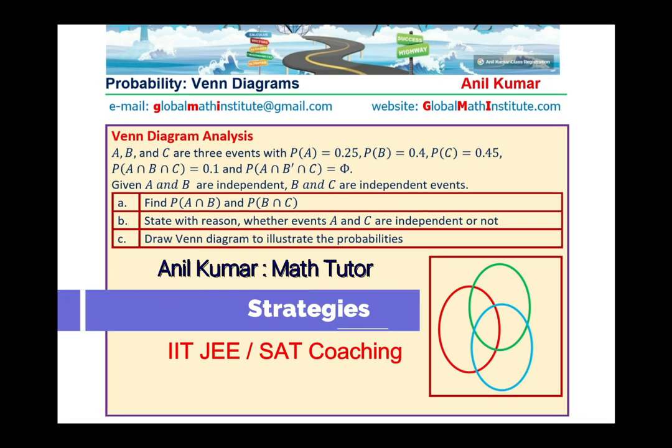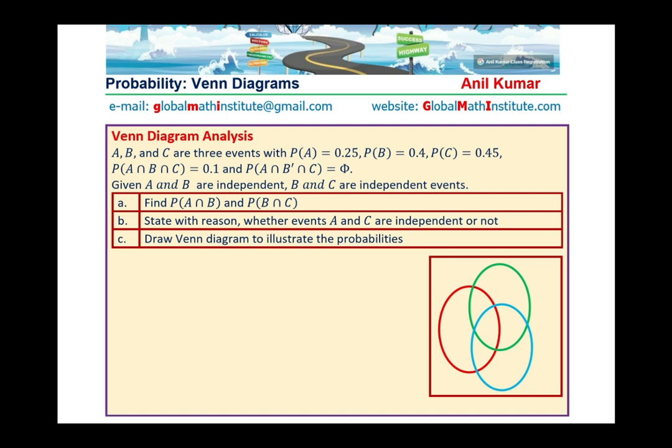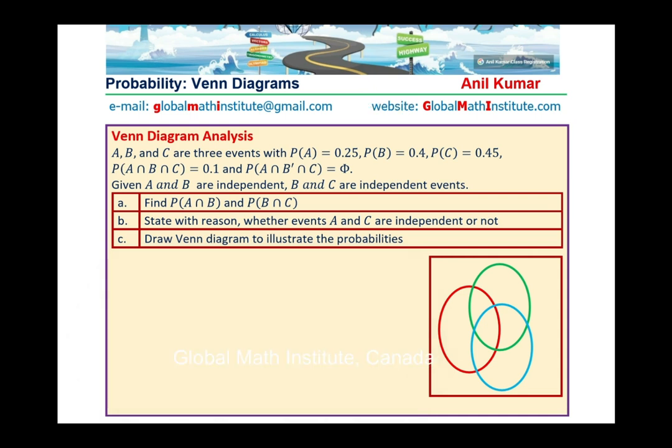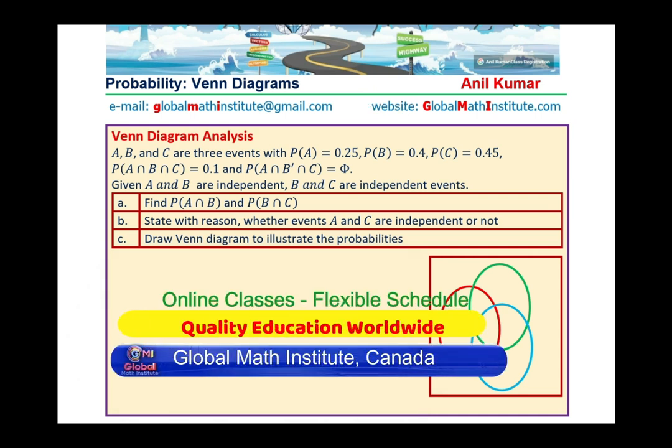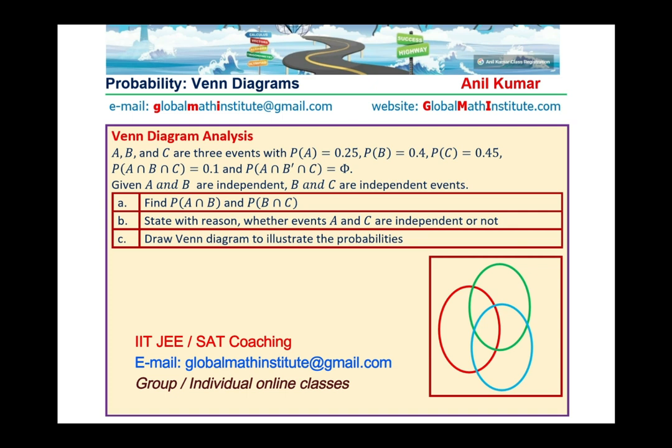Here is an extremely difficult test question which most students could not answer correctly. It is based on Venn diagram. A, B, and C are three events with probability of A 0.25, probability of B 0.4, probability of C 0.45. Probability of A intersection B intersection C is 0.1 and probability of A intersection not B intersection C is 0.